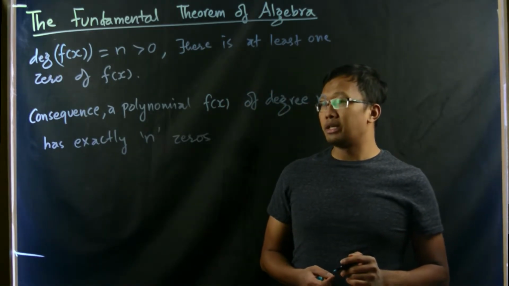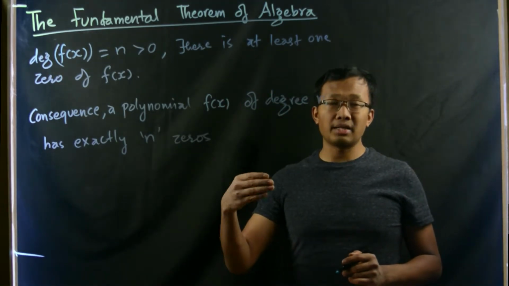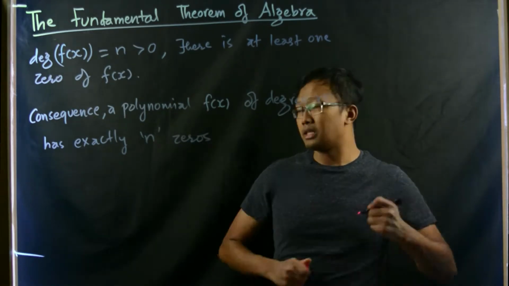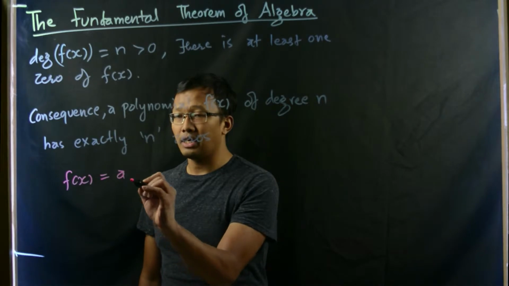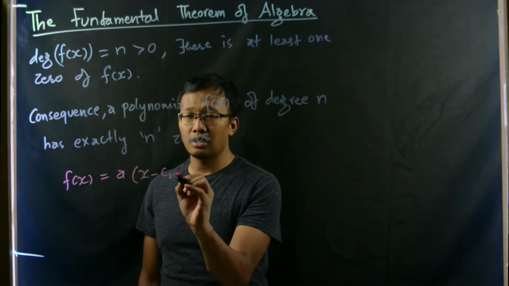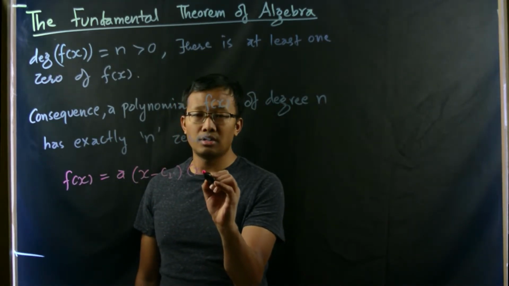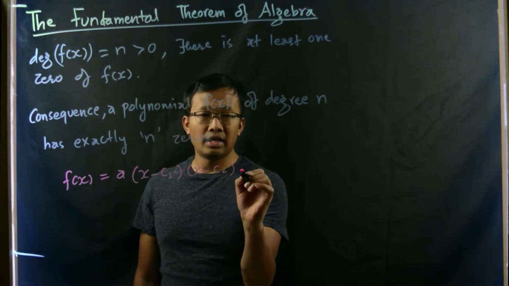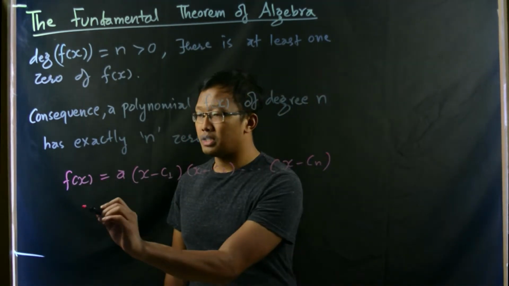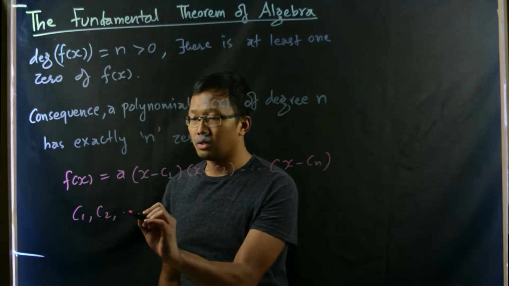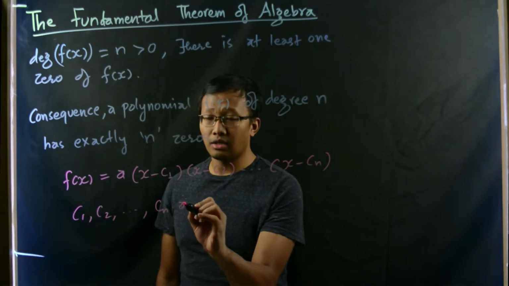Where some of these zeros might be repeated, we can write this as f of x equals a times x minus c1, x minus c2, and up to x minus cn, where c1, c2, cn are complex numbers.